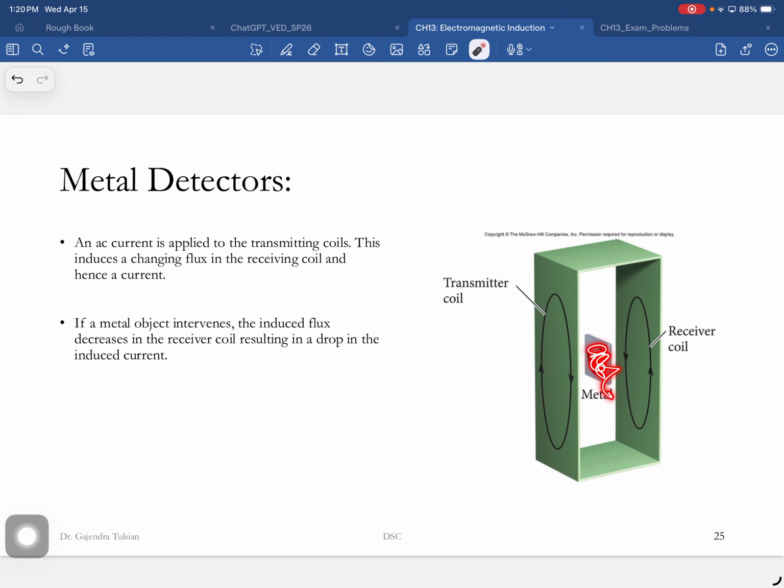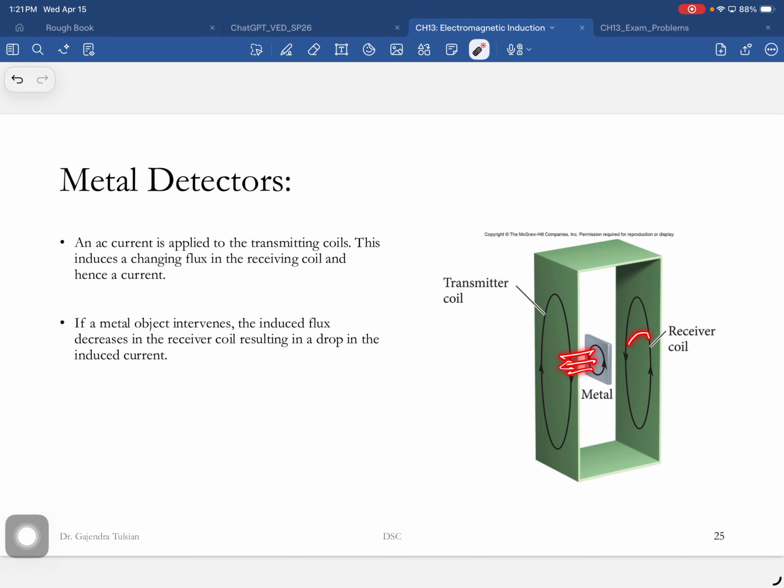So now let's say the metal is not there. The transmitting signal is inducing a current in the receiving coil. And so this is a strong signal, and that's the steady state. Now, if a piece of metal passes in between, in the metal you're inducing a current like that, which is producing a magnetic field like this.